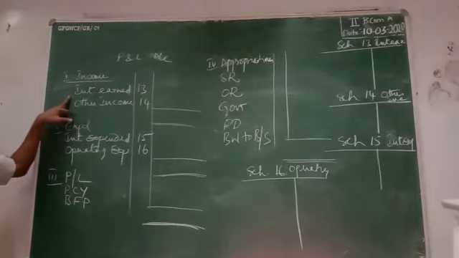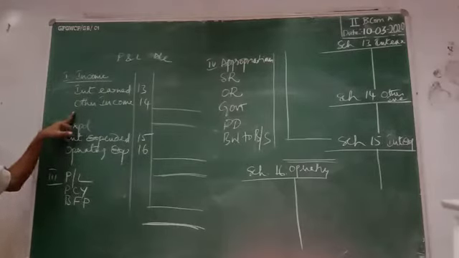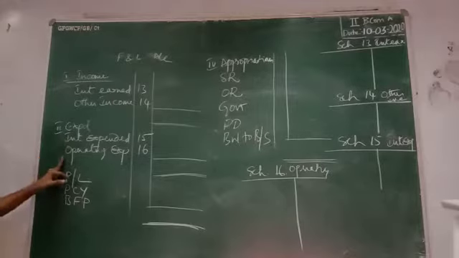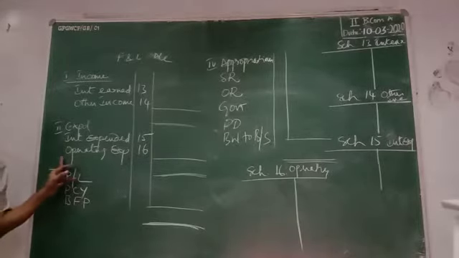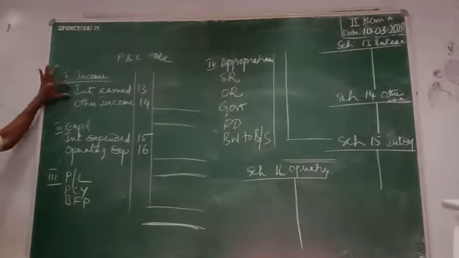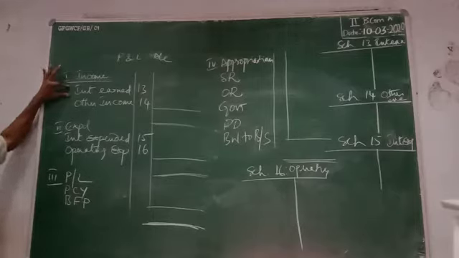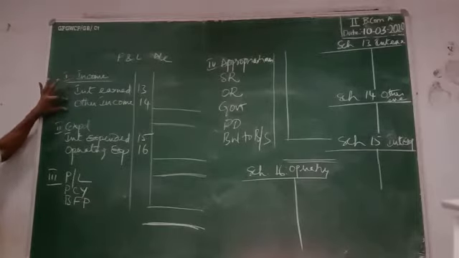Schedule number 13 interest earned, schedule number 14 other incomes, schedule number 15 interest expended, and schedule number 16 operating expenses. What are the items that appear under schedule number 13? That is interest earned: interest on cash credits, interest on overdrafts, interest on term loans, and discount on bills. Next, other incomes.